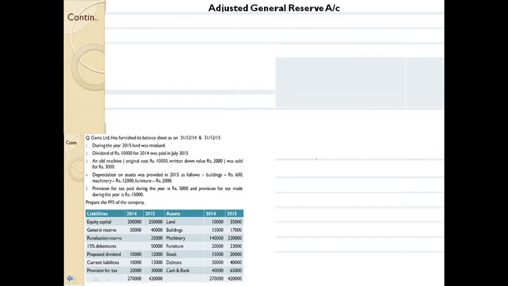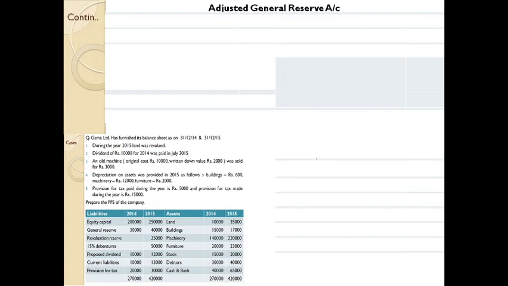So if you go through the comparative balance sheet given in the question, you can see that there is no information regarding profit and loss account on the liability side or on the asset side. So how are you going to prepare an account, or how are you going to find out fund from operation?